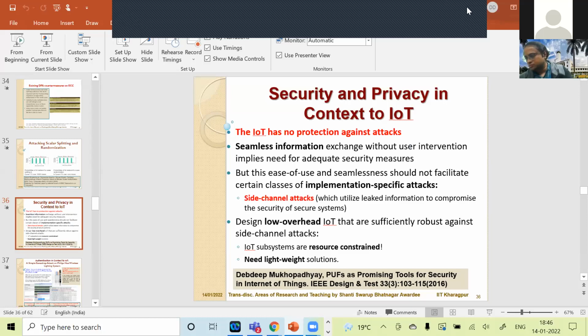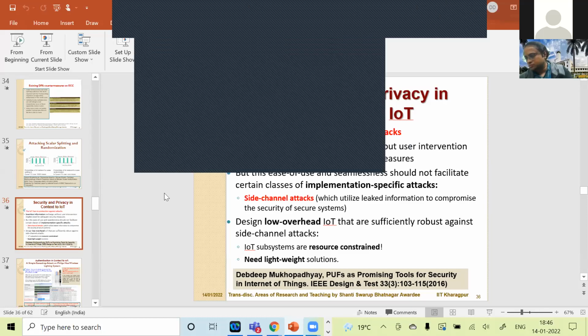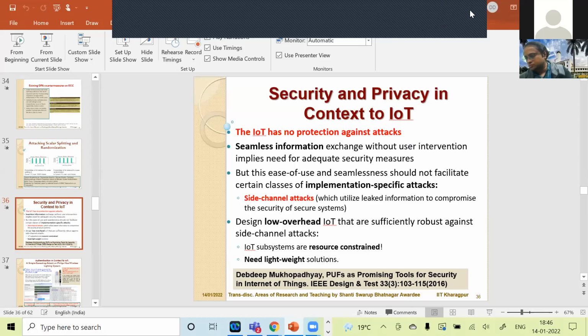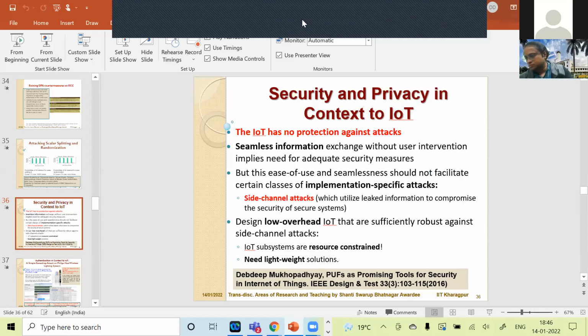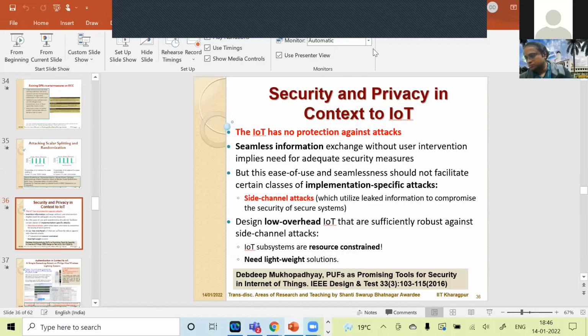Is it still there? Yeah, the right one has gone, but the top one is still there. Maybe if you can put it in the slideshow. Earlier it was not there. Okay, let me just unshare and share once. Sure. Okay, is it still there? Yeah, that's still there.